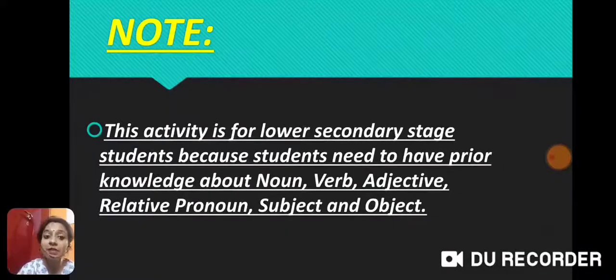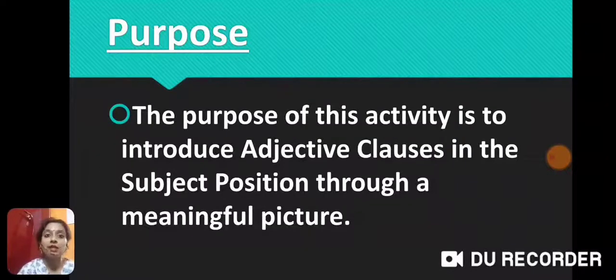Then they will have a better understanding of adjective clauses. Just look at the purpose of this activity. The purpose of this activity is to introduce adjective clauses in the subject position through a meaningful picture.